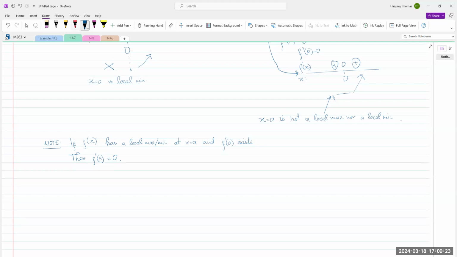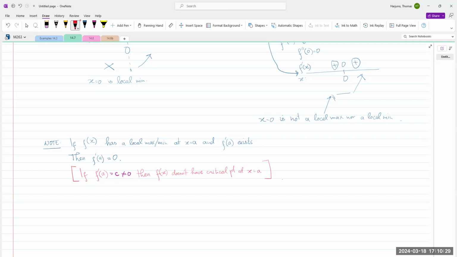In other words, I want to go backward from this note here. That's what you usually see in Calc 1, but the consequence is this: if the first derivative at a equals a constant, a number which is not equal to 0, then f(x) does not have a critical point at x equals a.